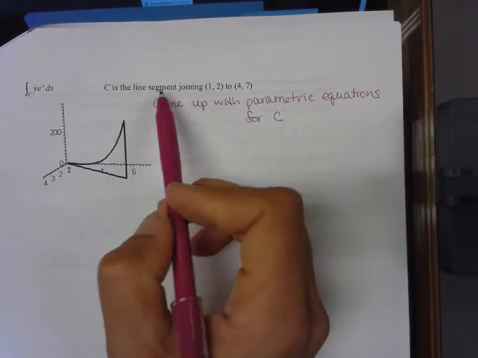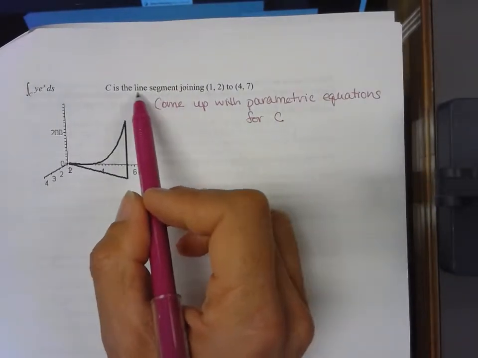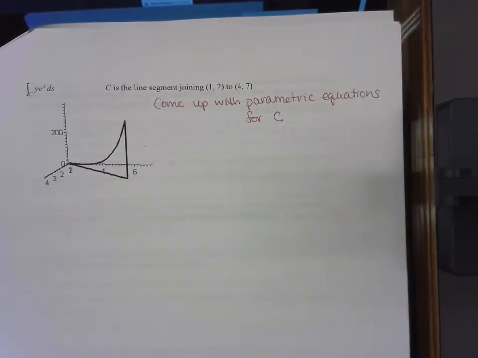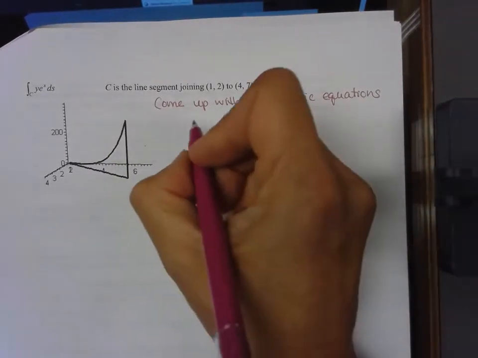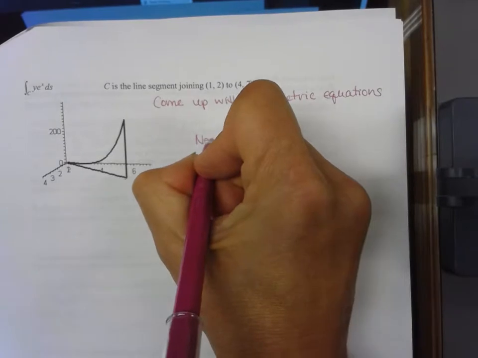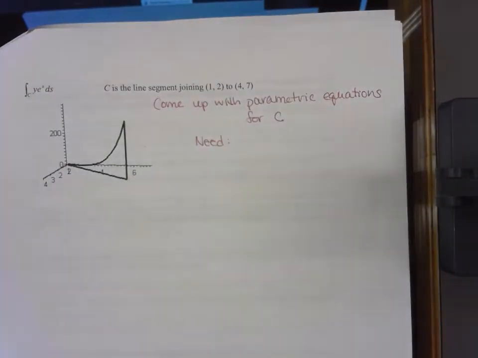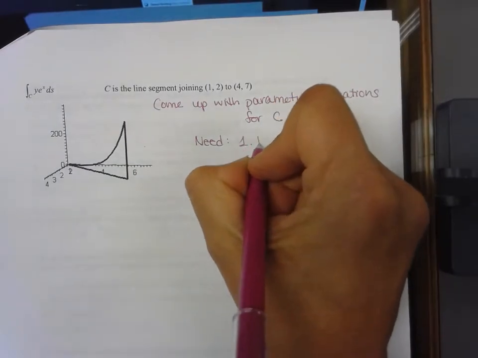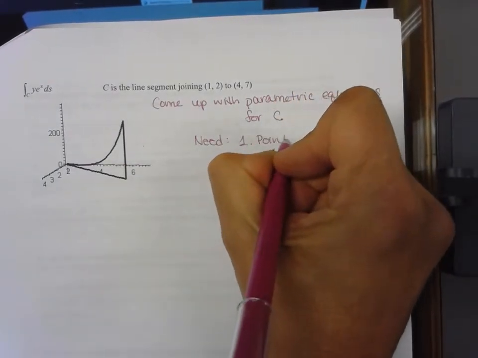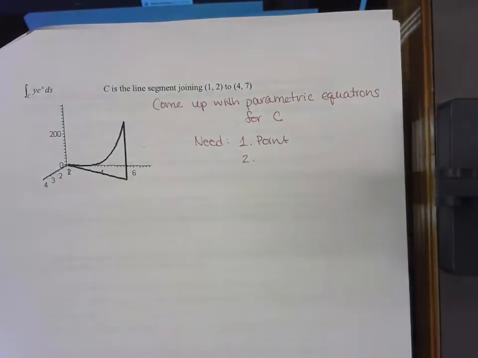I'm going to worry about the fact that it's a segment in a minute. What I'm going to focus on right now is it's part of a line. And so if we want the equation of a line, what do we need? A point, and a direction.